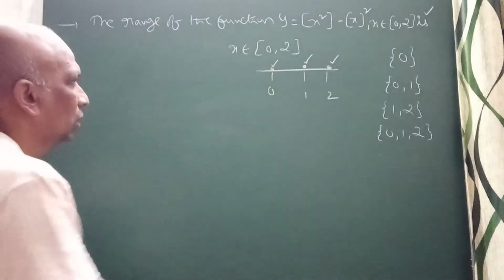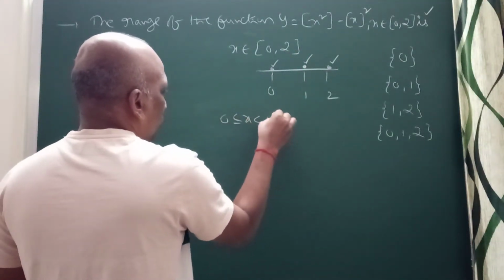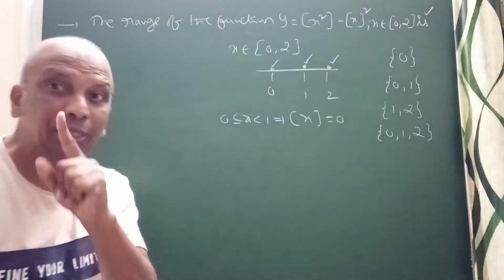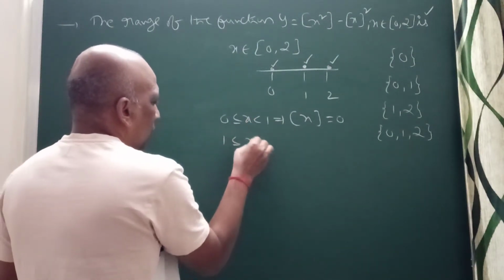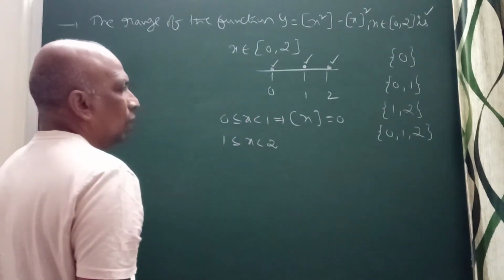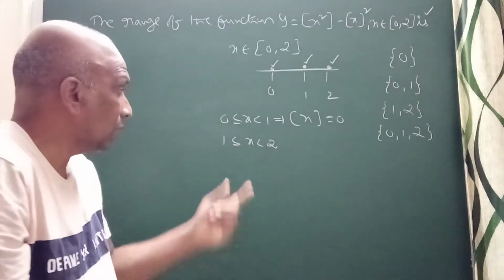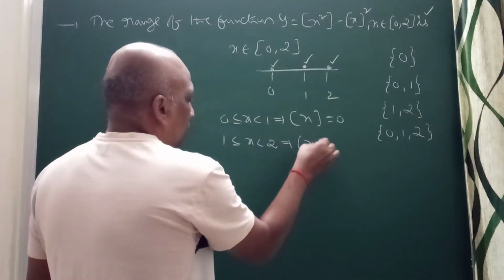Since it is a step function, if we take 0 less than or equal to x less than 1, step x will be 0. But if we take 1 less than or equal to x less than 2, the step function will be only 1.